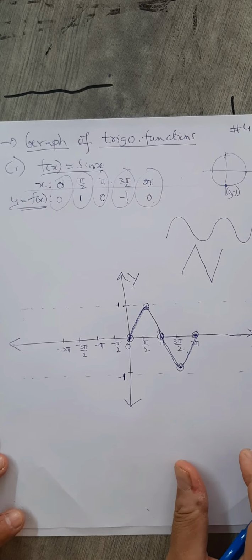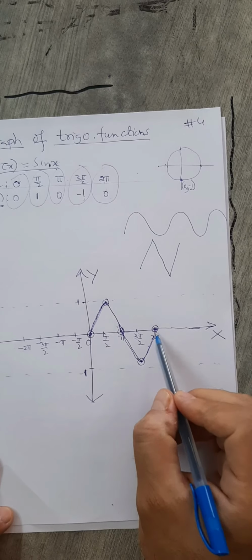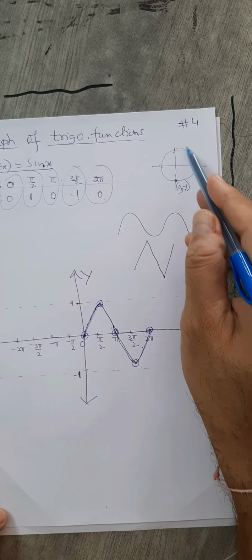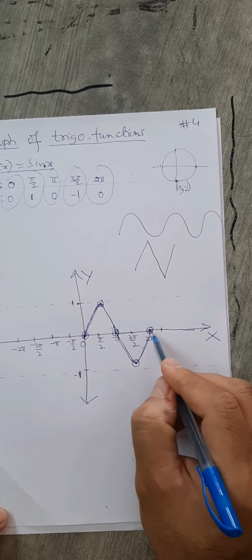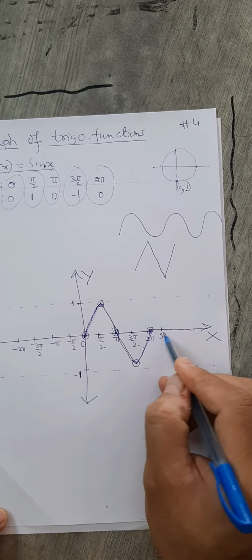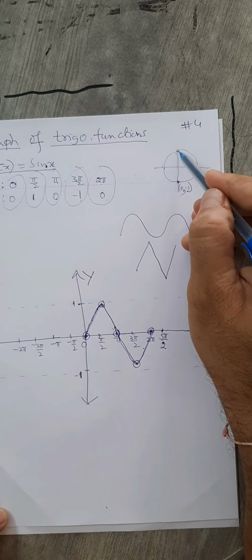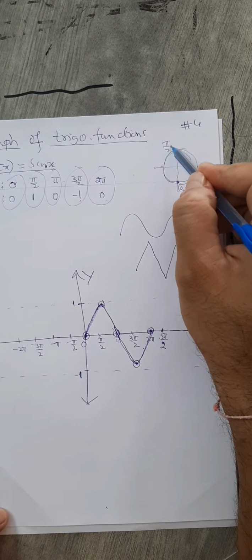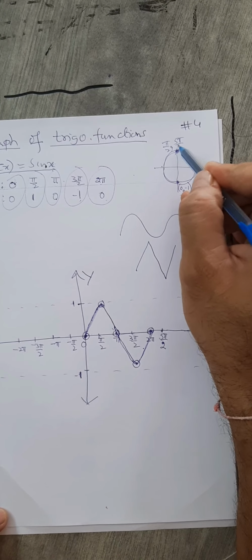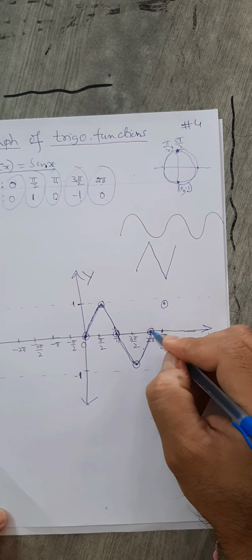Now what happens if I continue further? You know, now values are being repeated. So now you are taking a second round around the unit circle. If I start from here, the next point is 2 pi plus pi by 2, which is 5 pi by 2. 5 pi by 2 is as good as pi by 2 during the second round. So at 5 pi by 2 it is 1, and the graph goes up.